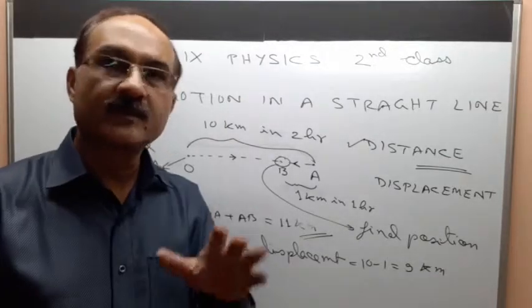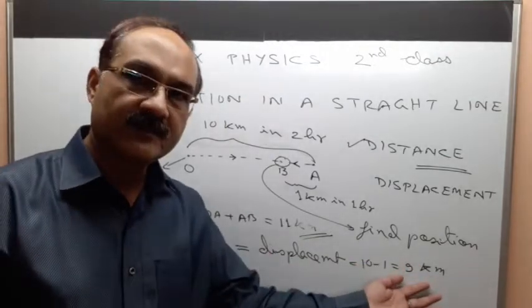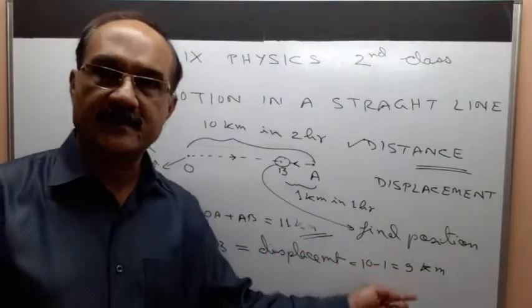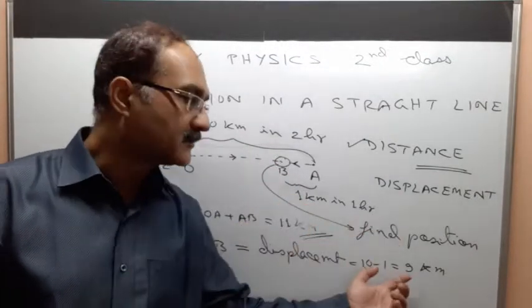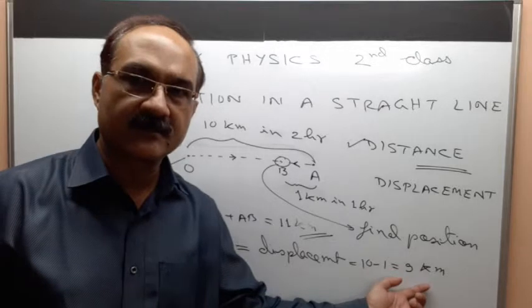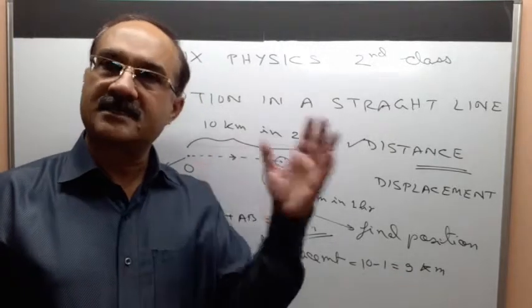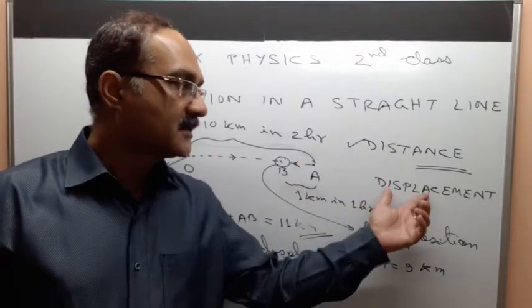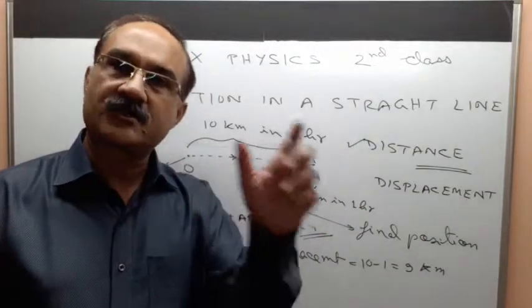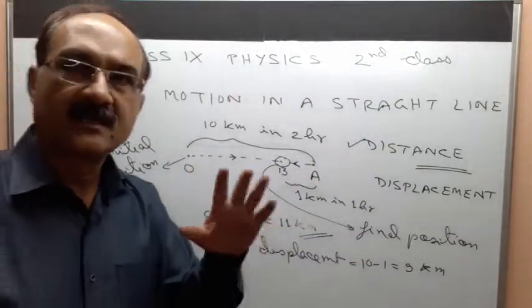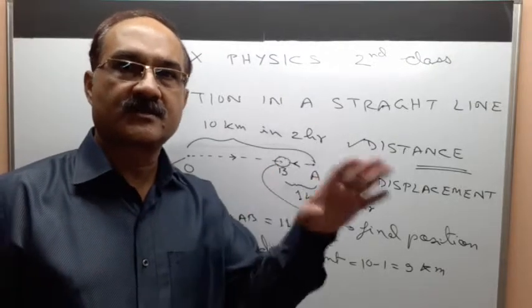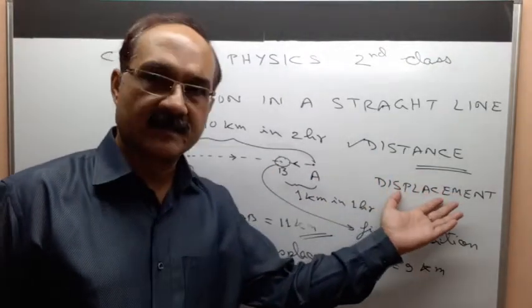Okay? To be more precise, 9 kilometers is the magnitude of the displacement. The value of the displacement is called the magnitude. It is the magnitude of the displacement is 9 kilometers. But as I said before, this displacement has a direction also. In other words, a direction is associated with this displacement.